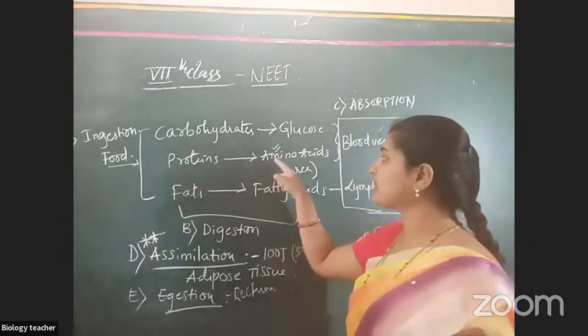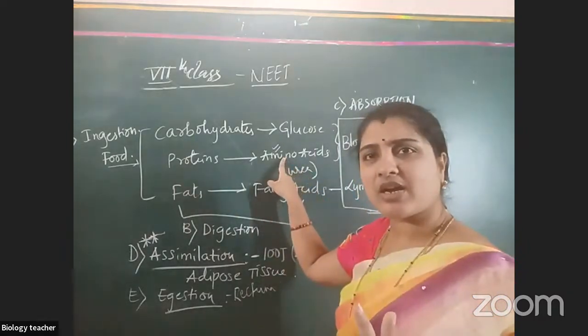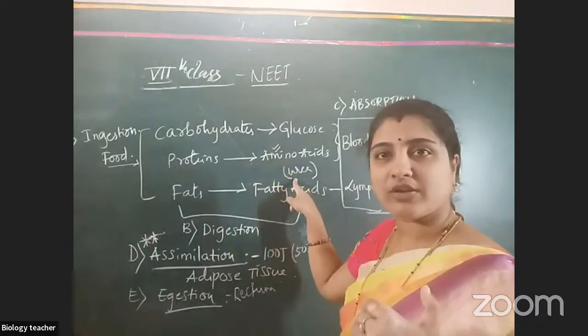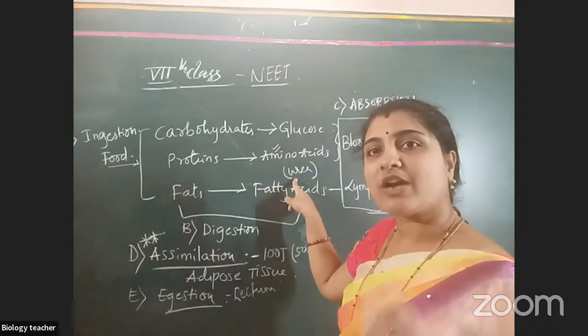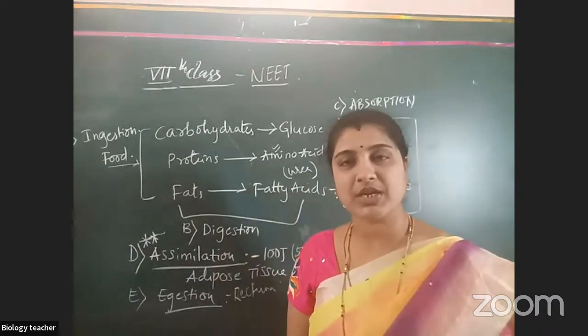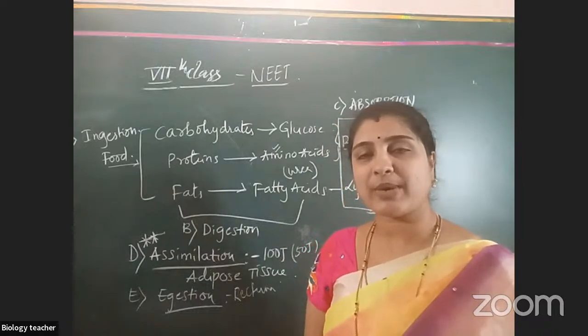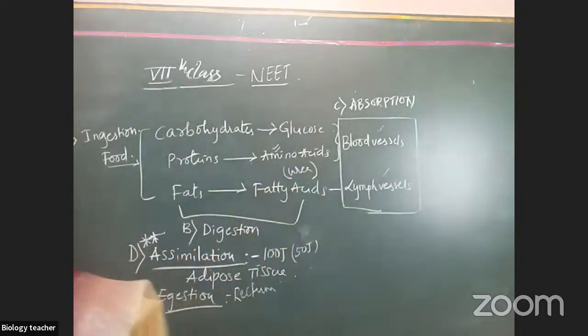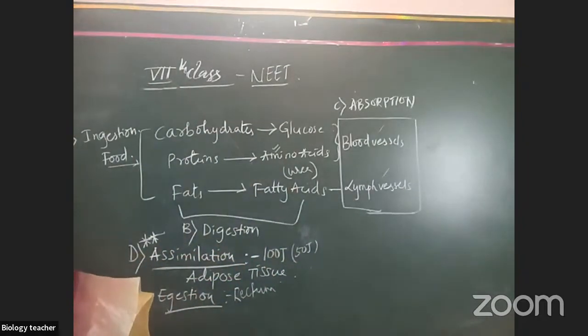Here, amino acids are already digested, but they are changed to urea because they are not used. Now the urea becomes waste material. Removal of waste material is known as excretion. Removal of undigested material is known as egestion. So up to here, it is completed. Nutrition in the human body is completed. Okay, right.